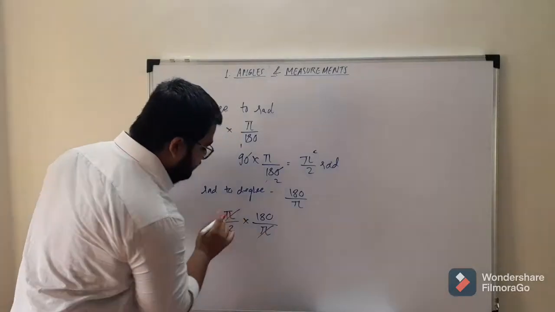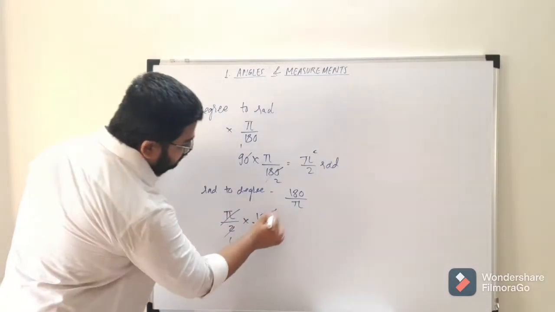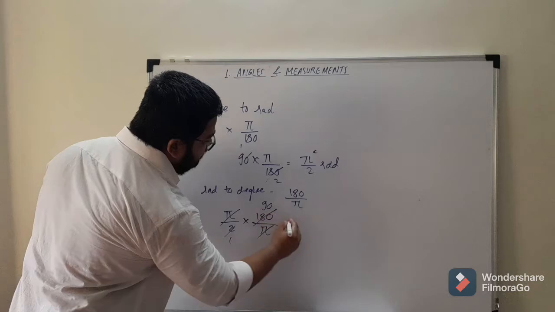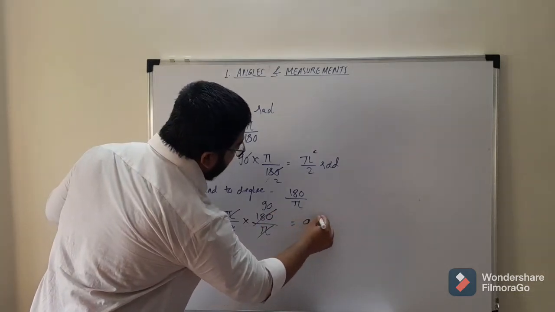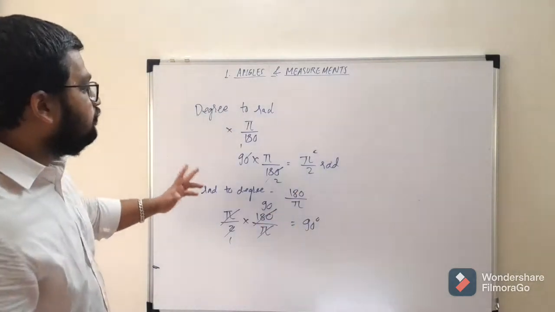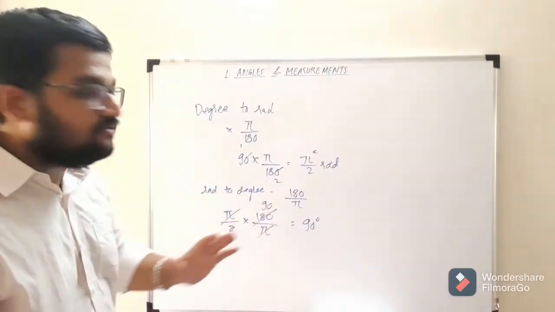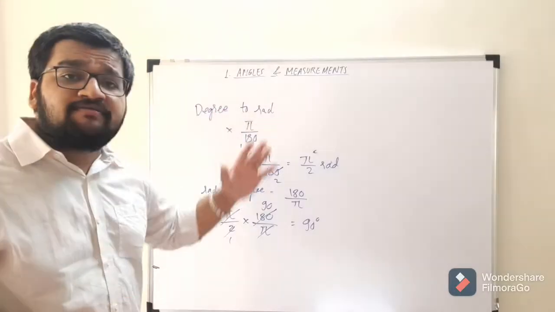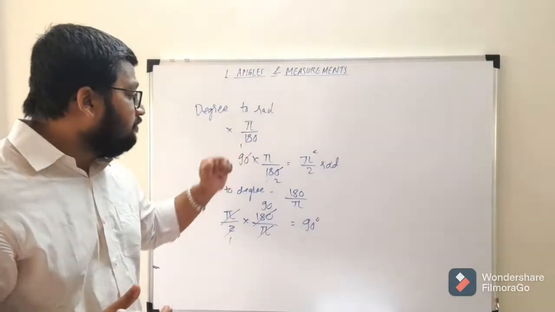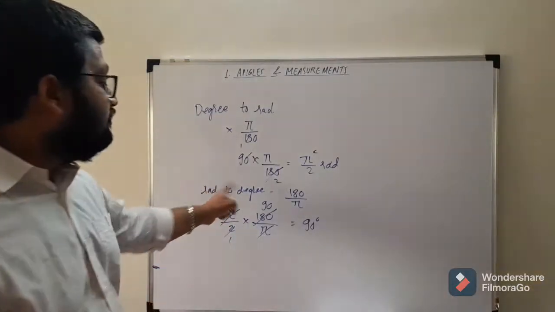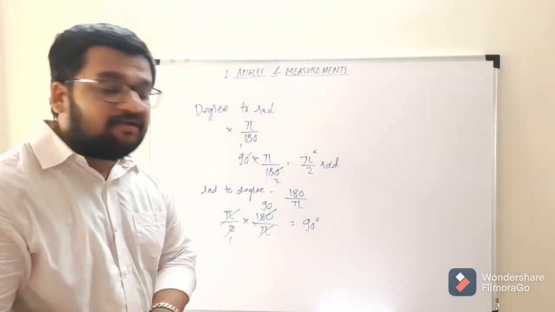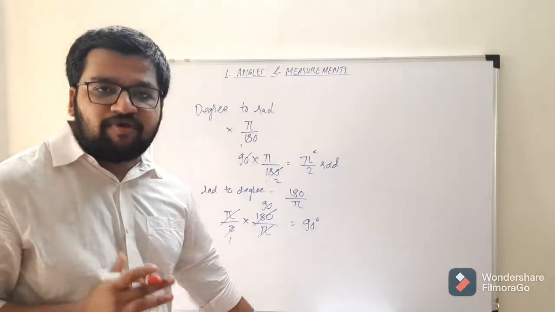The pi will get nullified. 2 ones are 2, 2 nines are 18, and this is 90, so it is equal to 90 degrees. So this is how we convert degrees to radians and radians to degrees. If we have to convert degrees to radians, we'll multiply by pi by 180, and if we have to convert radians to degrees, we'll multiply by 180 by pi. This is the basic of angular measurement.